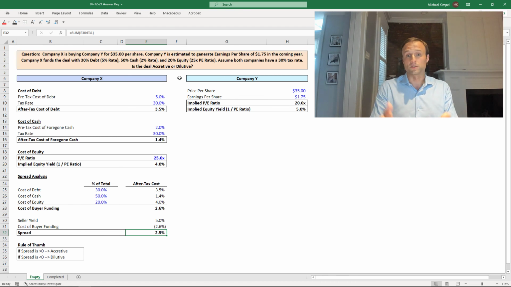Cash is 2%, so it's way lower. And then equity is going to be a 25 times PE ratio, so we're just under 5%. So all the sources of funding are going to be well below 5%. So without going through all the math, you can very quickly say, okay, this is probably going to be an accretive deal. So that's the shortcut that you could use to answer this question without going through the details, or you could go through the details like we just did.